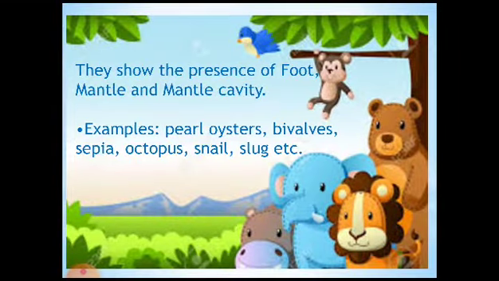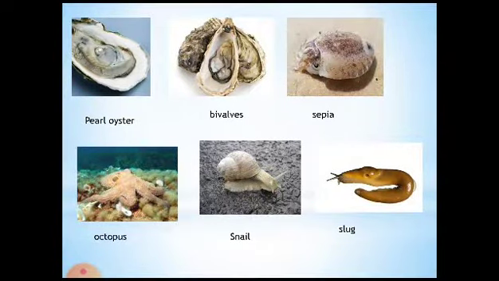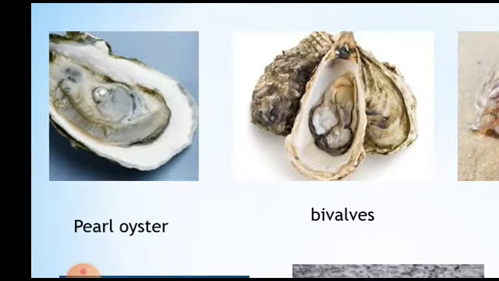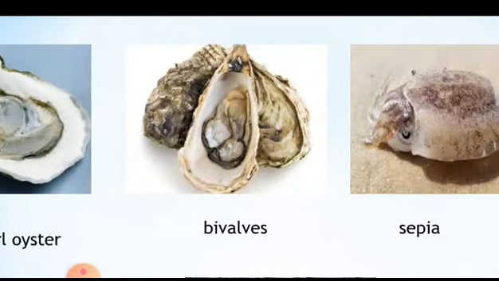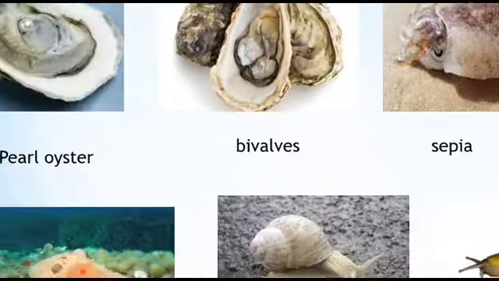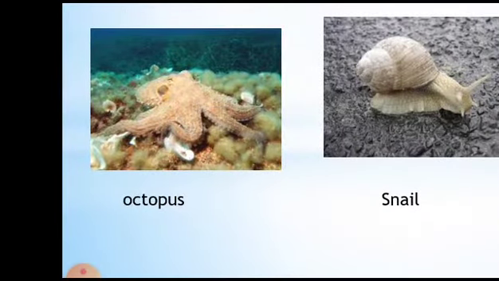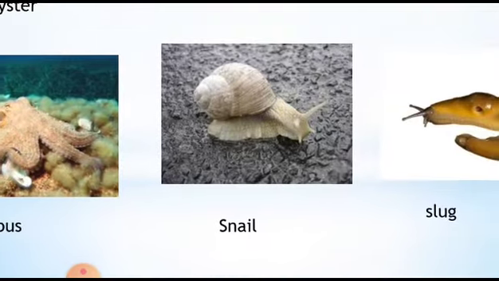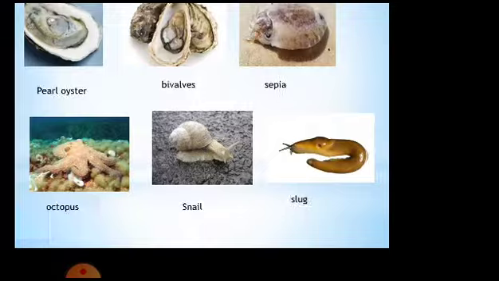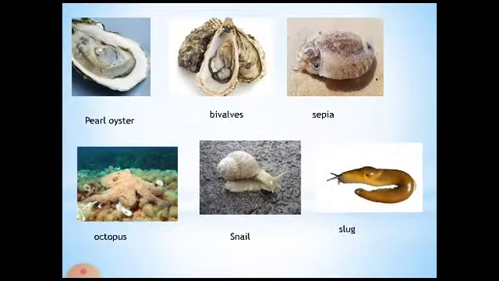All these organisms possess the qualities mentioned before. Here you can see the pearl oysters, the bivalves, and the sepia. It looks like a snail but it is not a snail. Then the octopus, snail and the slug. These are all examples of the phylum Mollusca.